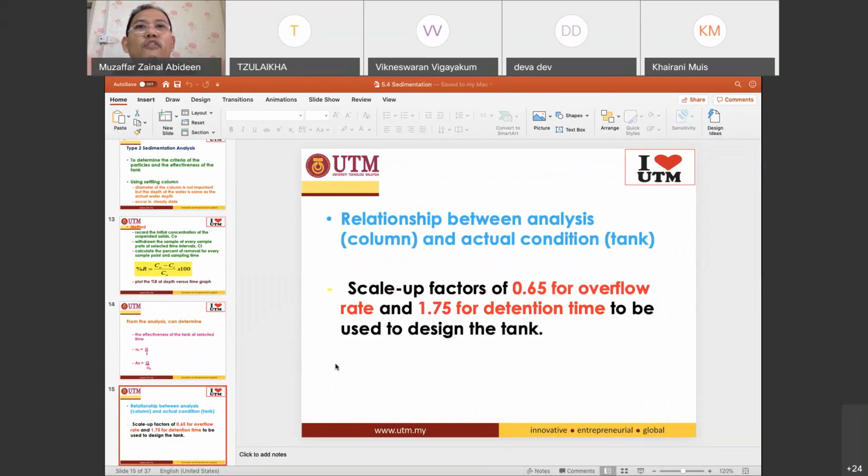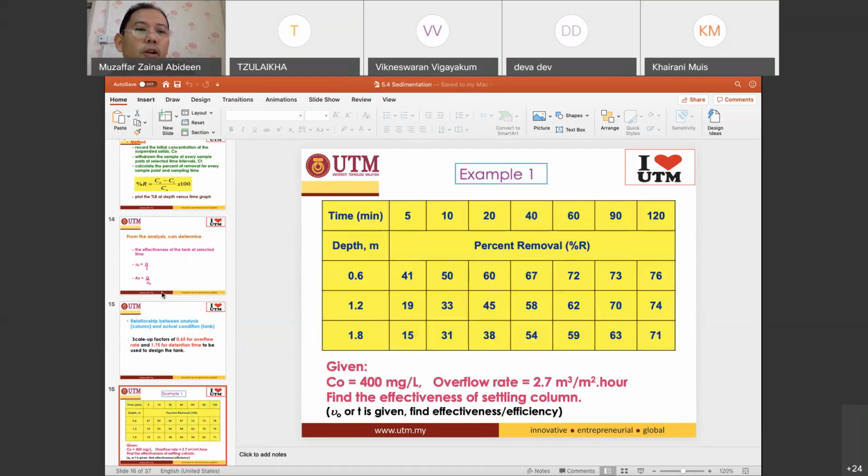I said that if you want to design the sedimentation tank, we need to do an experiment using a settling column. So the results you obtain from the settling column have to be multiplied with the scale up factor, which is 0.65 for overflow rate and 1.75 for detention time. Never mind, although it's a very long time ago.